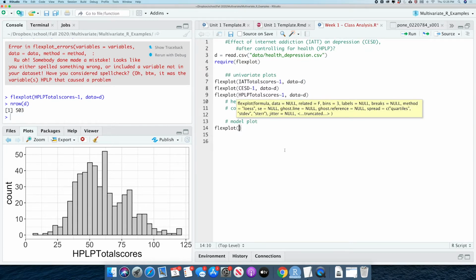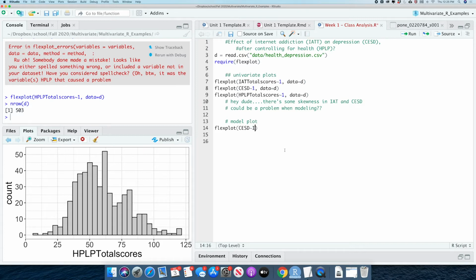So I'm going to go CESD tilde IAT total scores, and then that pipe I say given, and basically what that does is it tells FlexPlot that the variables that come after this, I want you to panel those, and you'll see what I mean in a minute.